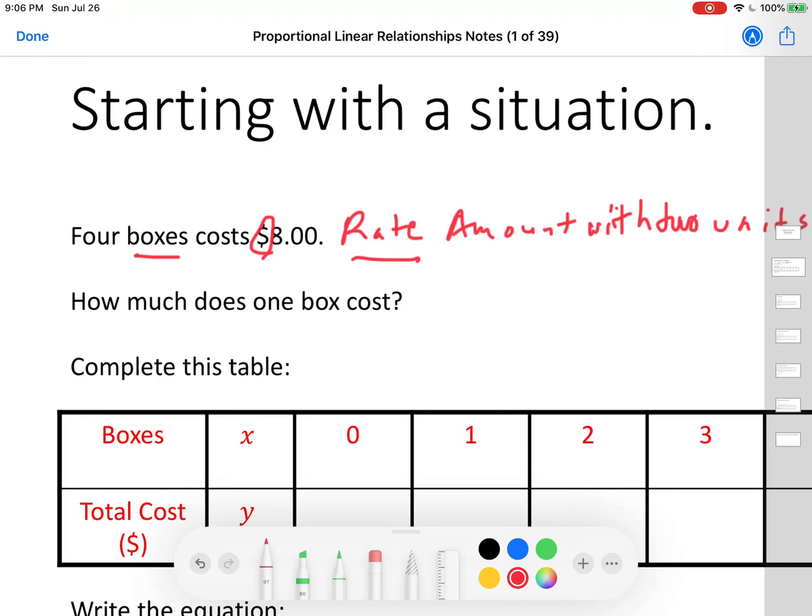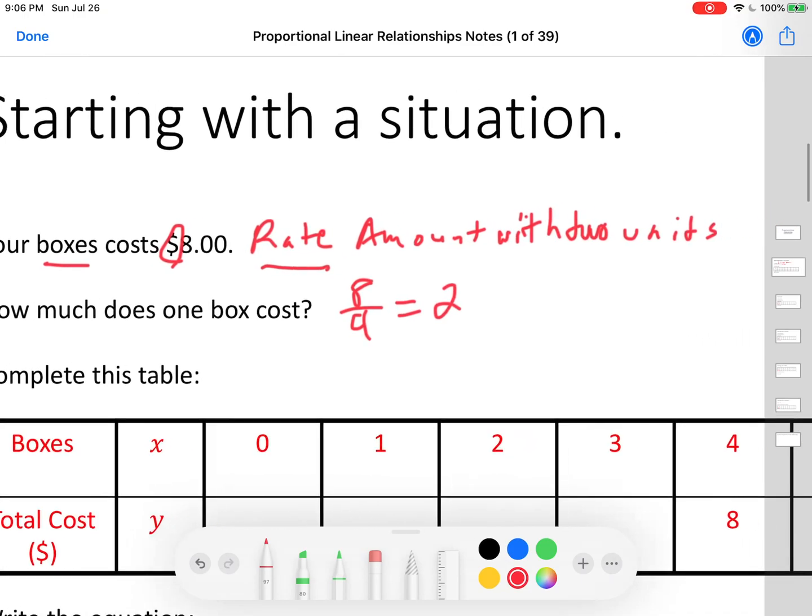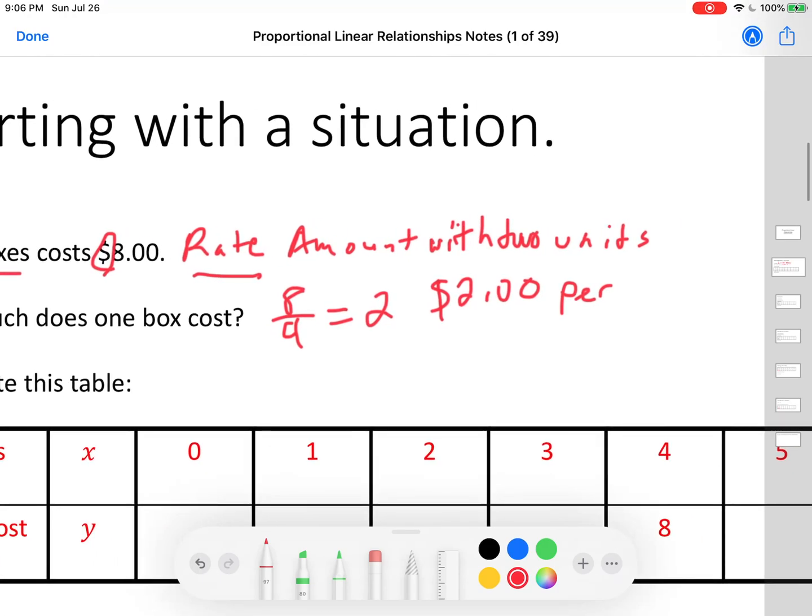How much does 1 box cost? Well, if 4 boxes cost $8, then to find out how much 1 box would cost, we want to go from 4 to 1. How do you go from 4 to 1? You divide by 4. So 8 over 4 turns into 2, so our answer is $2 per box.